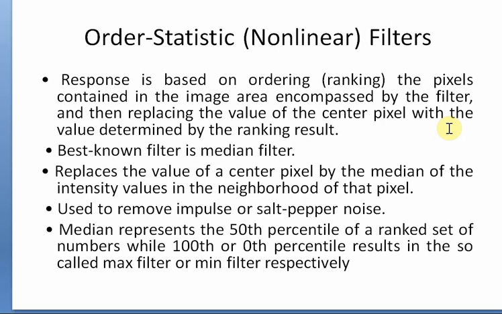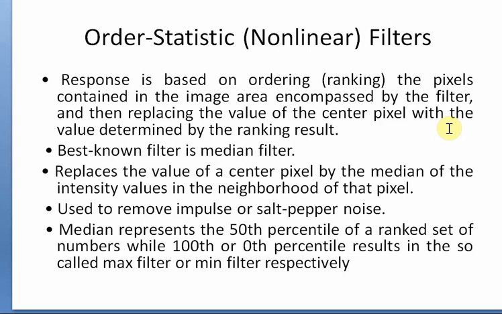Otherwise, we may do another thing. What is the median filter? Take all the neighbor pixels of f of x comma y and arrange them in either ascending or descending order. Then you just pick the middle value. That is said to be the median filter. If it is an odd number of values, take the center value as the desired pixel intensity.